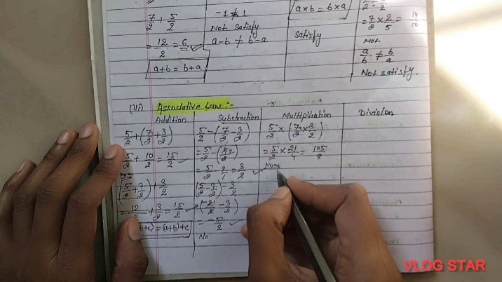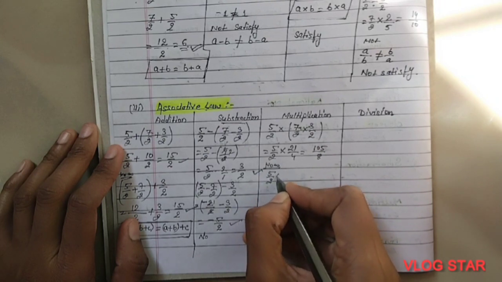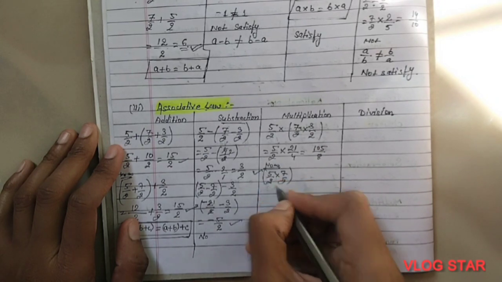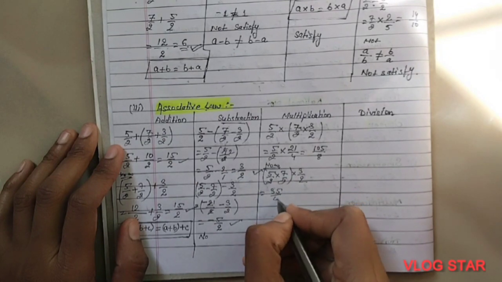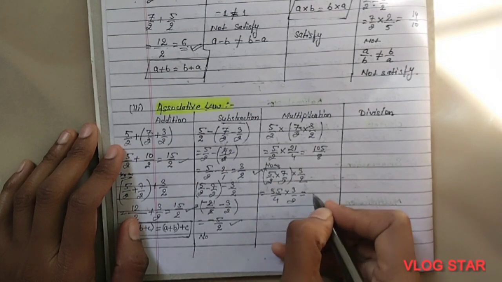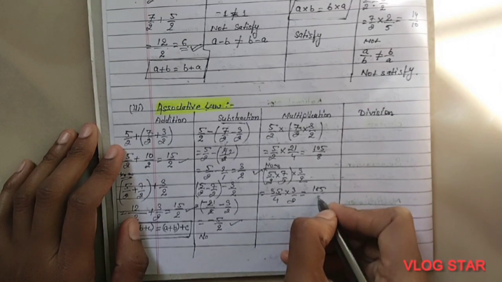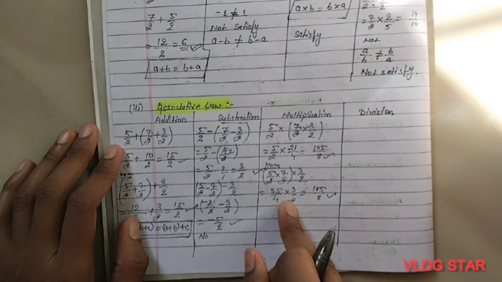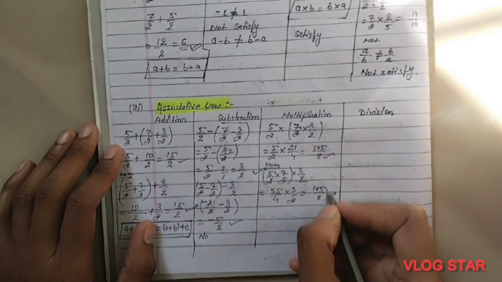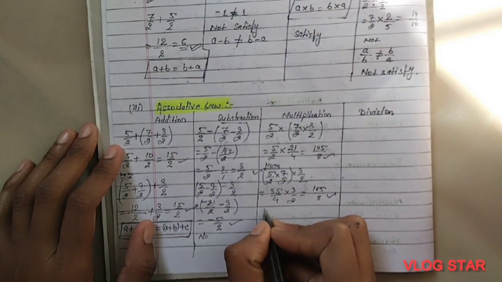Now I will take 5 by 2 and 7 by 2 together and 3 by 2. I will get 35 by 4 into 3 by 2, which is equal to 105 by 8. It is satisfied for multiplication. How? Because both are equal.